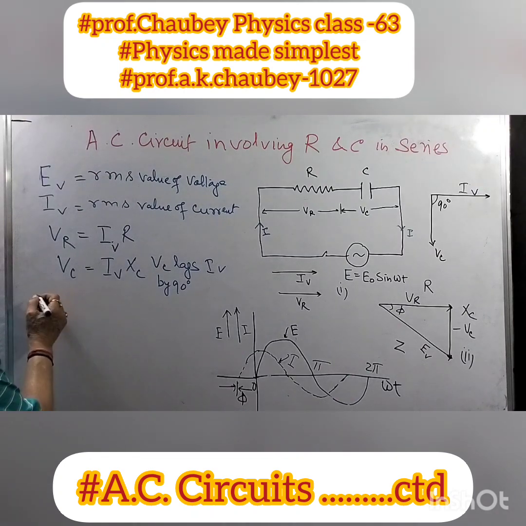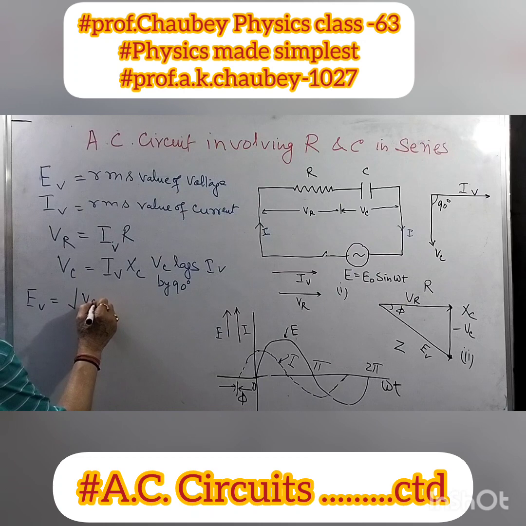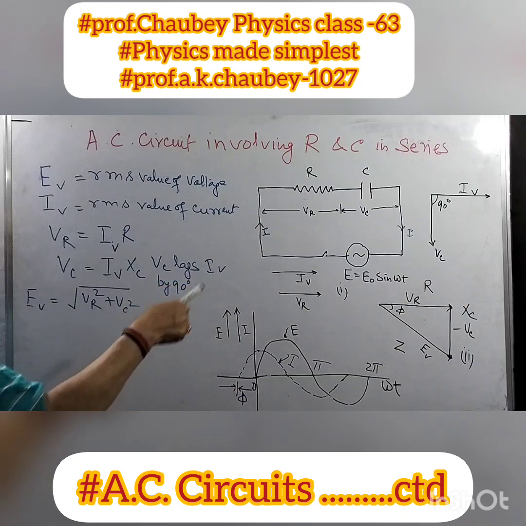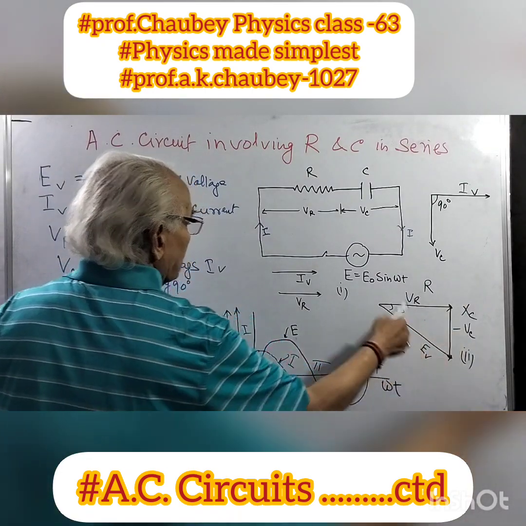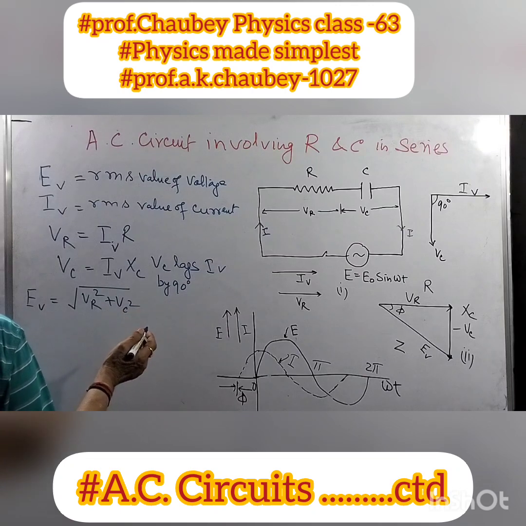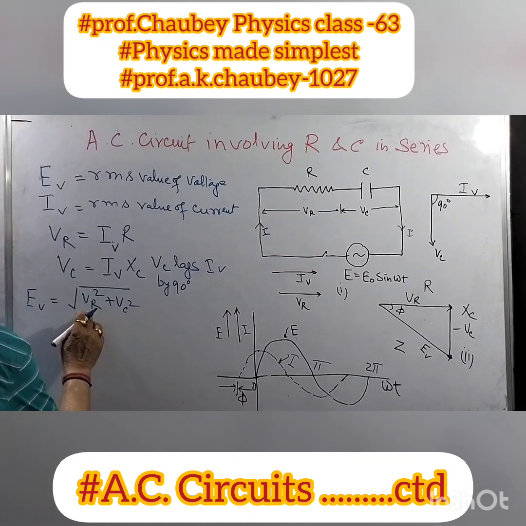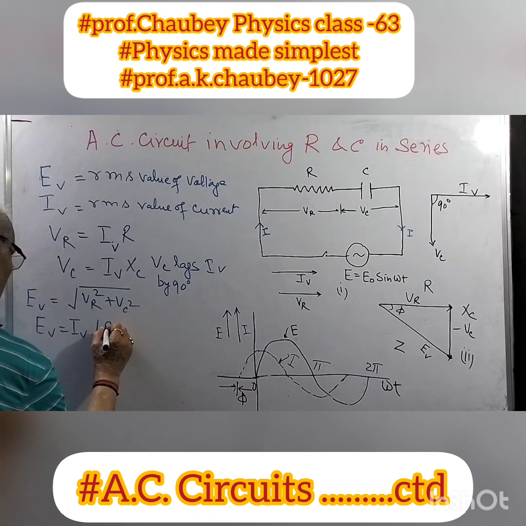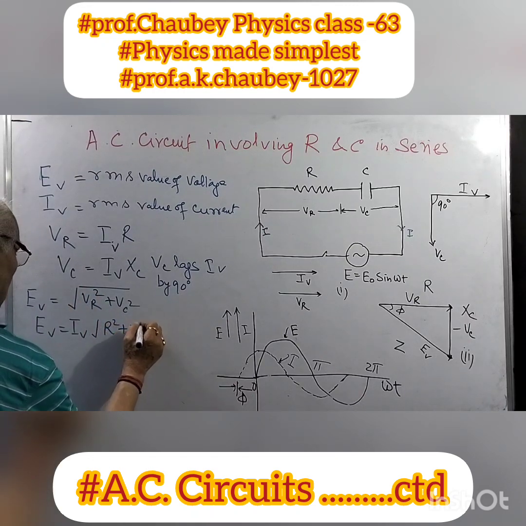So we know that EV, as a potential vector, is under root of VR square plus VC square. This we know from the triangle of VC and VR, that is the potential EV. And we also know that EV is equal to IV, we can take common outside, and inside we have under root of R square plus XC square.